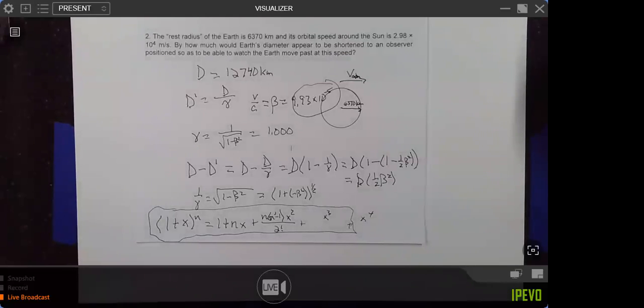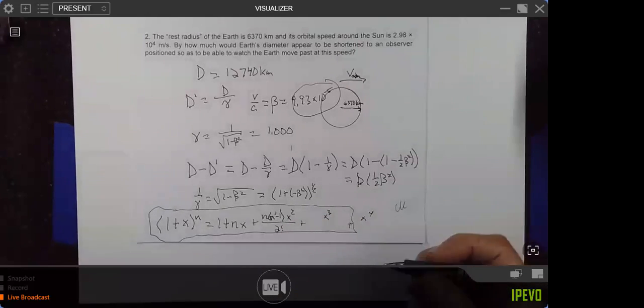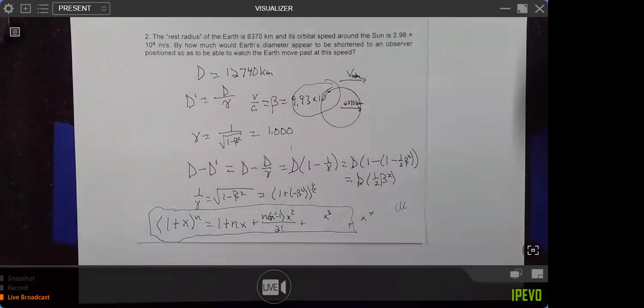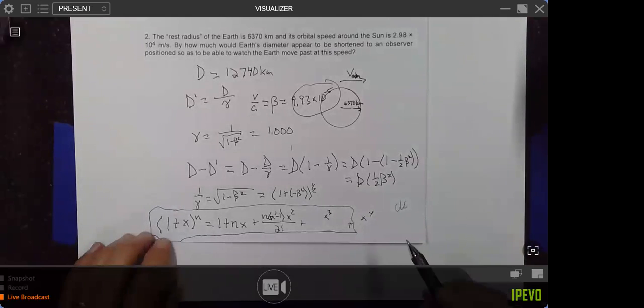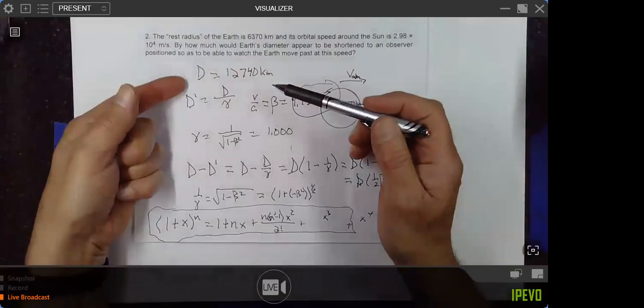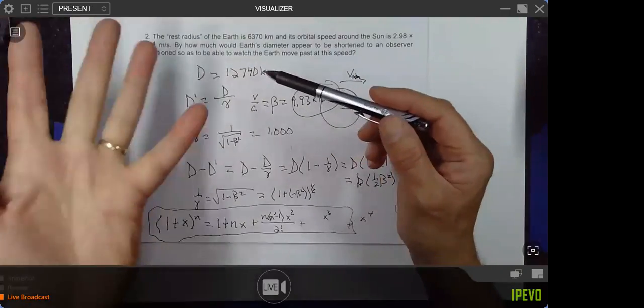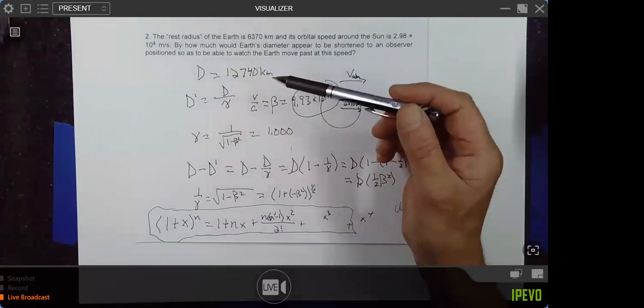So you have to track down a working pen. Okay, this one should work. Sort of, a little too fine, but that's okay. All right, anyway, the rest length of the Earth is 12,740 kilometers.